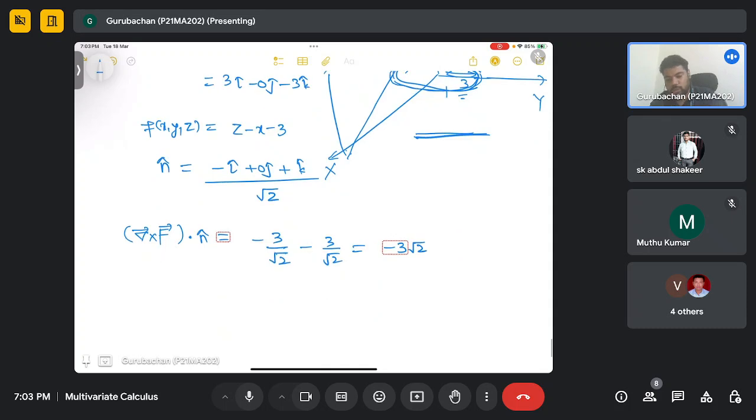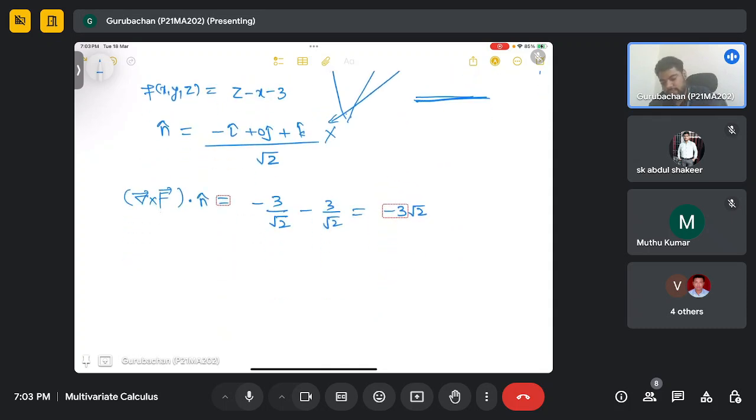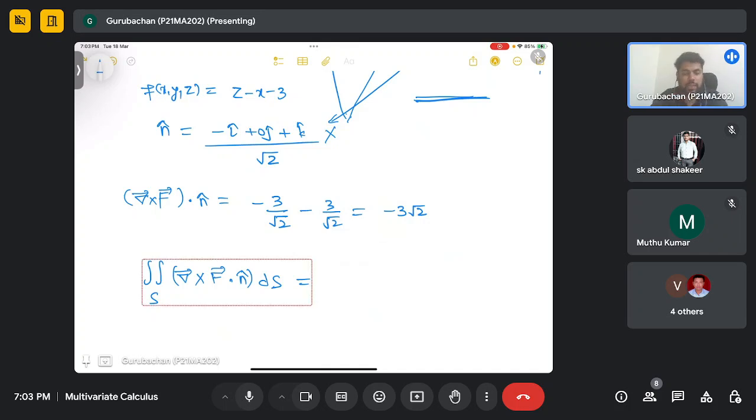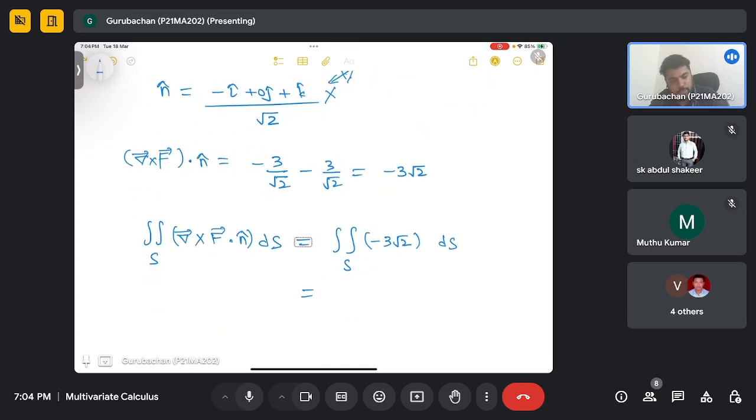So we have to integrate over the surface S del cross F dot n cap dS. Since our k cap is 0, we can easily rely on that part, or you can directly say like this: double integral minus 3 under root 2 and this dS.